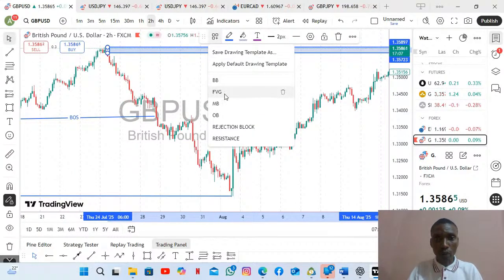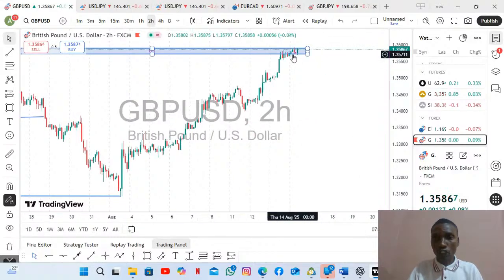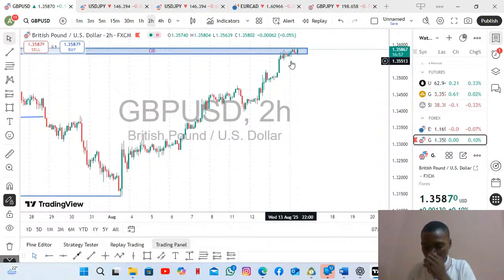This is the order block, which we have said we are still maintaining, and GBP is trying to react from this order block. Should it drop down, we want a change of character, because remember that we are saying the present trend is that we are trying to sell.